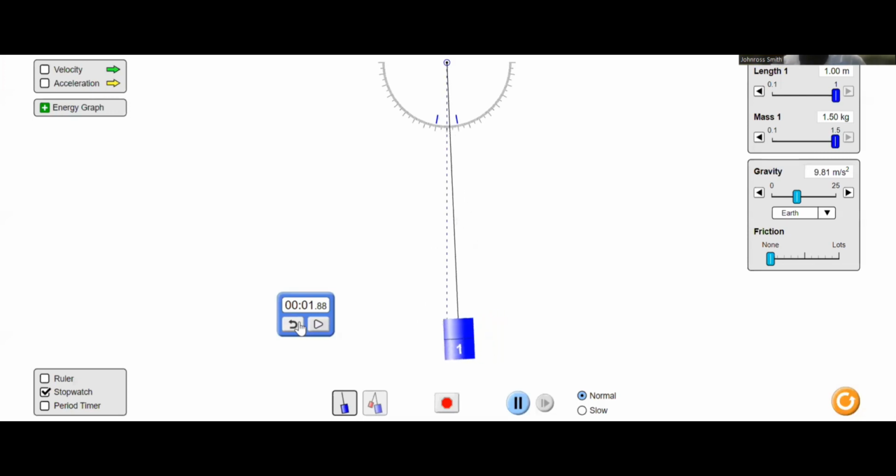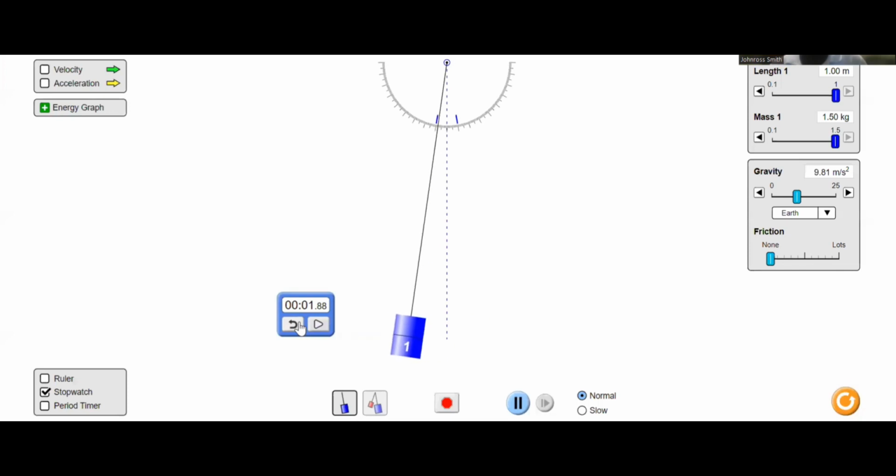And then to find the periodic time, what we will do is to divide the answer we get by 10. And that will give us an accurate value of the periodic time for the specific length, right? So that's basically what we do in the lab as practicality, right? And the reason why we do that is because we have something called the reaction time.